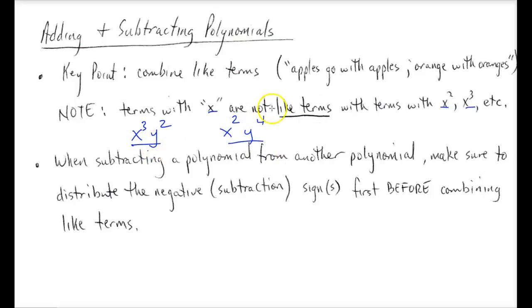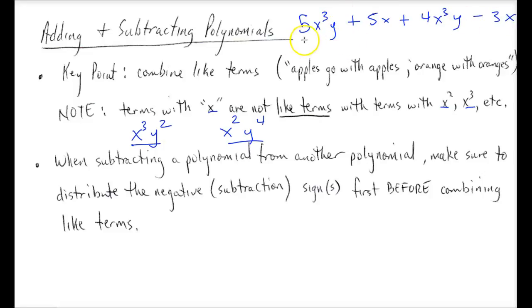And so here, any term that does not have everything that you see here in it is not going to go with another term that has something different than it. So give you an example here. Let's say if I have this, and let's say I have 5x and say 4 here minus 3x.